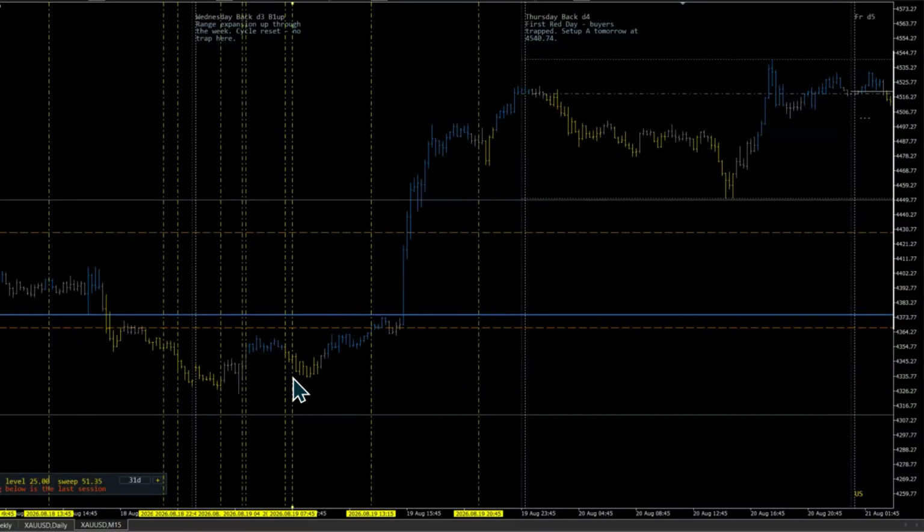This is your 7:45 until 11. 11 is here. Where's that trap-like reversal? Well, that is it. It's like trapping the sellers going back up. So that's good to know. And then I've got 3:40 to 5:10 p.m. trap-like reversal. So let's take a look at 3:40.